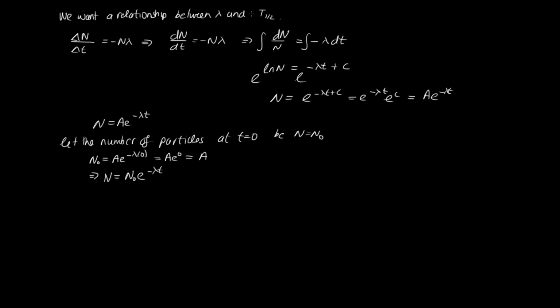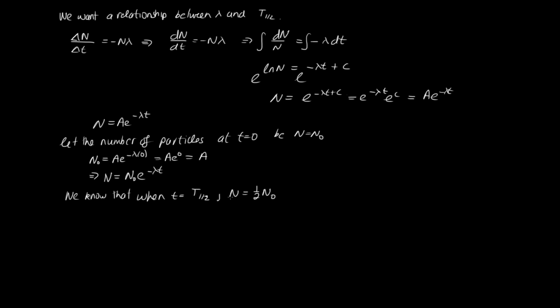Now what we're trying to do is get a relationship between lambda and the half-life of the particles. So we know that when t equals 1 half-life, t1/2, we've got that N is equal to a half N0. That's by definition of what a half-life is. A half-life is when we have half the particles left.